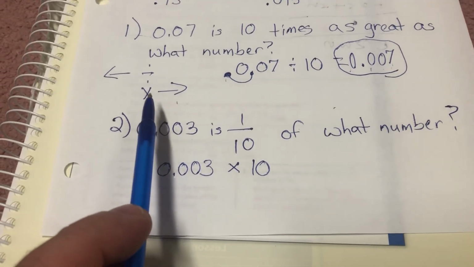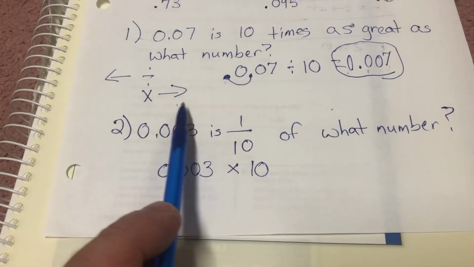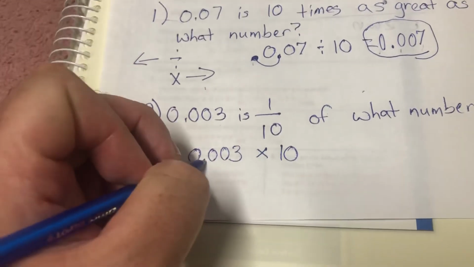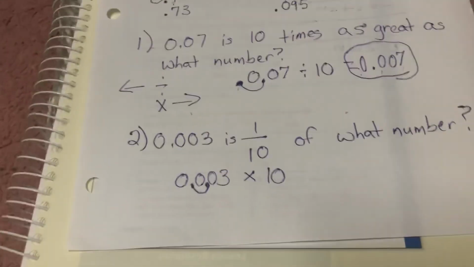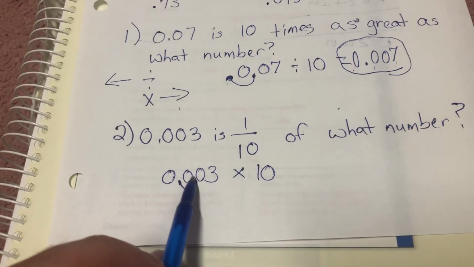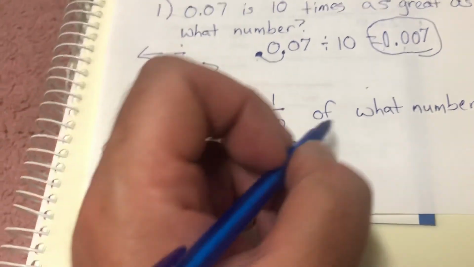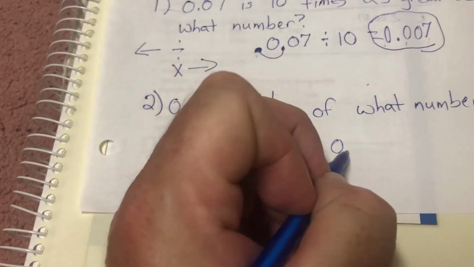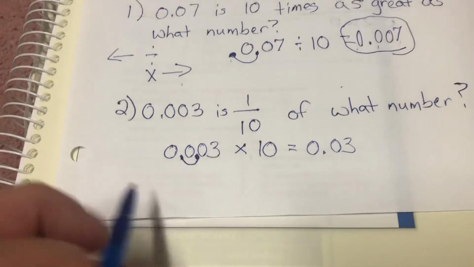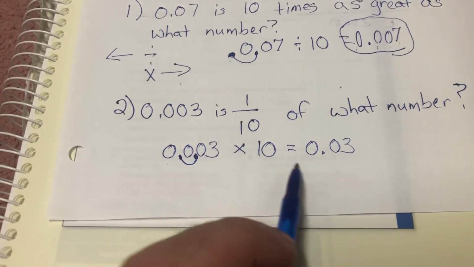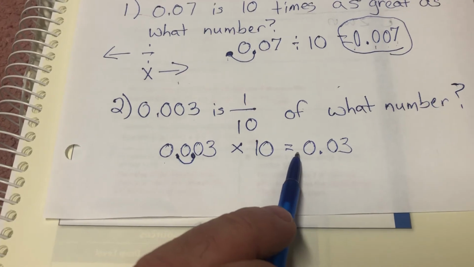So when we're multiplying, we move our decimal to the right. This decimal is going to move one place to the right, which means now it's between those two zeros, which means that I end up with 0.03. Technically I have another 0 there, but there's no reason for 2 zeros here.